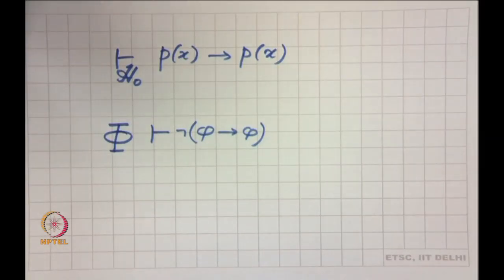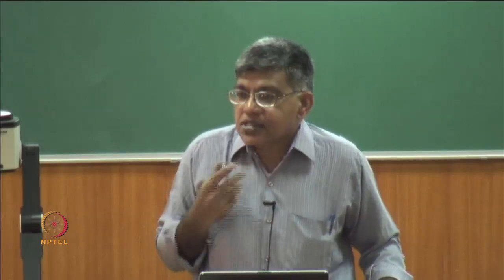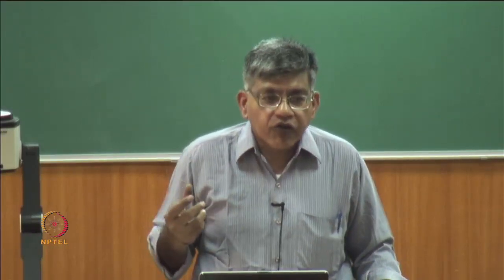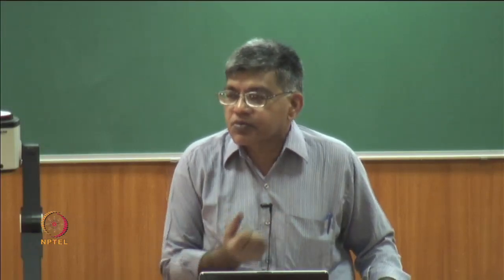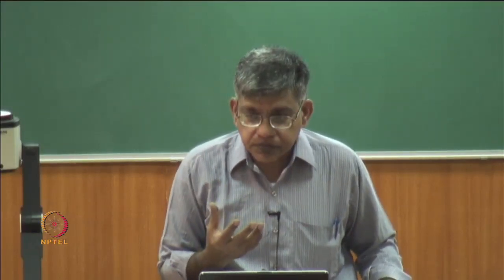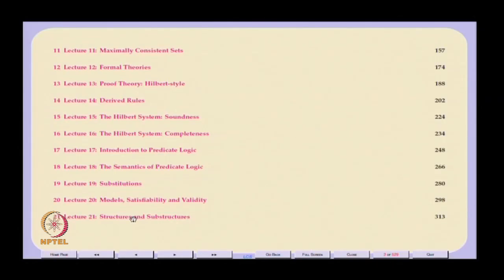So, what we will do now as a technique for proving, so Gödel's technique for proving completeness of the Hilbert style proof system is essentially that of transforming all those model theoretic concepts into corresponding proof theoretic concepts. Okay. And so that's what actually happens here.